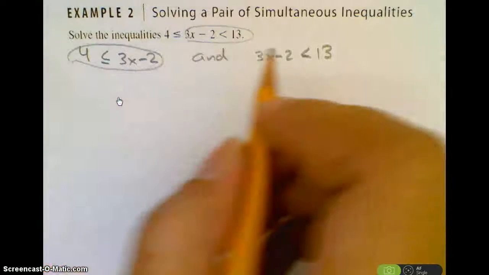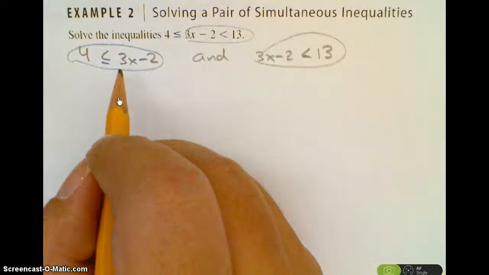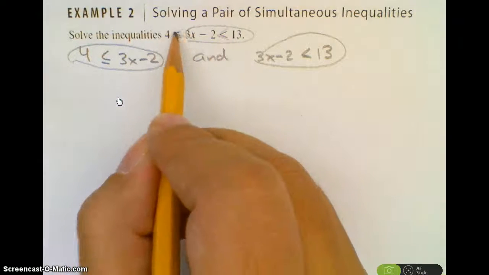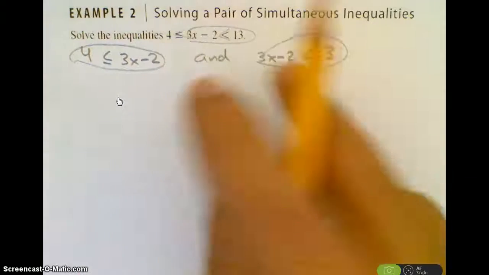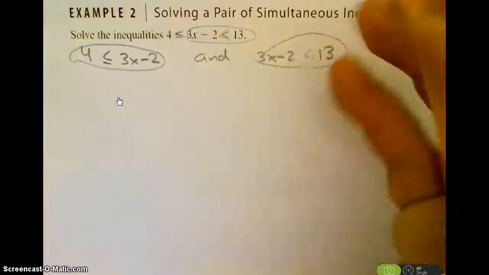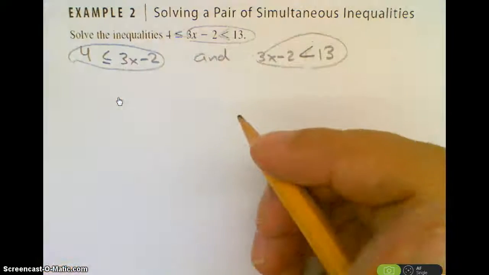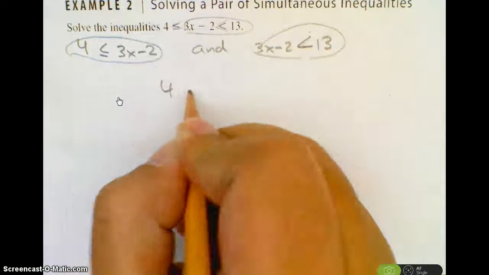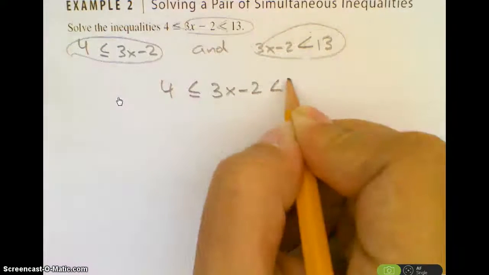So I'm combining these two into one. Notice how the direction of the inequality matches. If it was written otherwise, I wouldn't be able to combine those two into one, but since both of them are less than, then I can write that. So I can treat it just as one, and that will save me a little bit of work and writing.